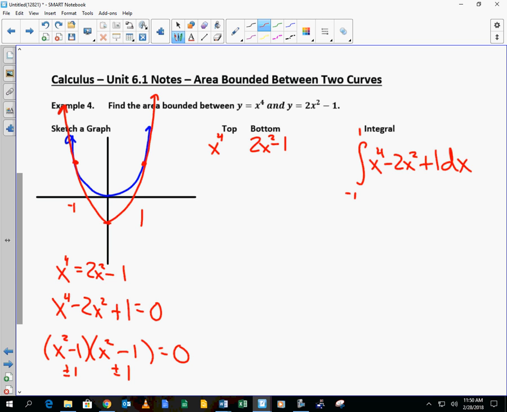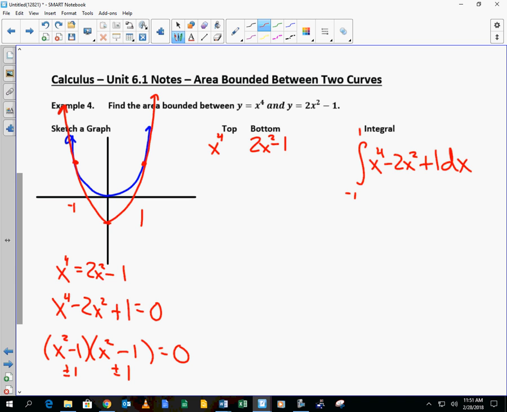I will now show you a nice trick that I've learned. What do you notice about this area and the y-axis? What does the y-axis do to the area? Yeah, it's symmetrical. Would you agree that the area is symmetrical on both sides?